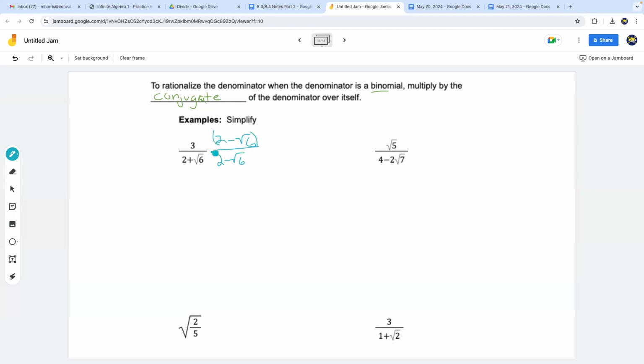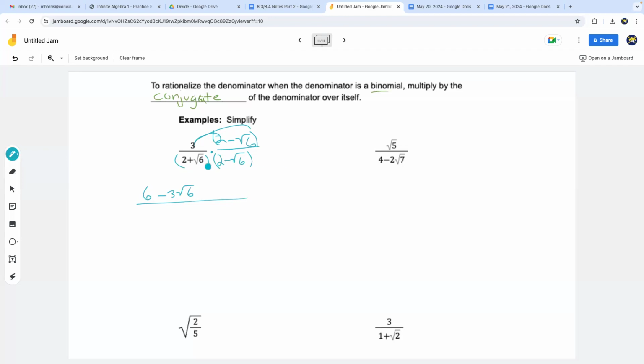I always like to throw these all in parentheses just to remind myself I need to distribute when I do this. All right. So we're going to do 3 times 2 and 3 times root 6, which gives us 6 minus 3 root 6 over 2 plus root 6 times 2 minus root 6.